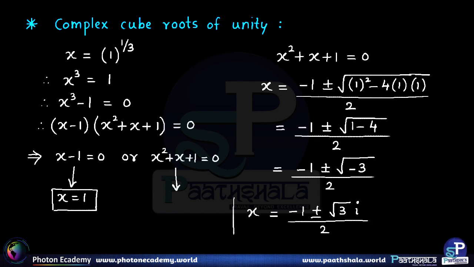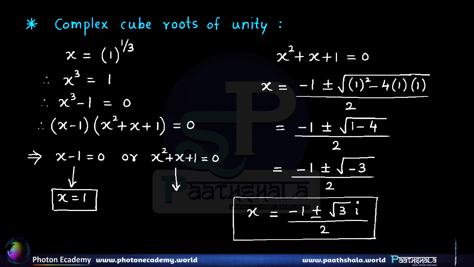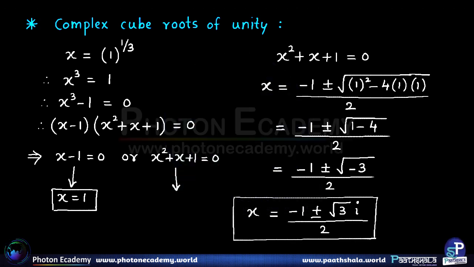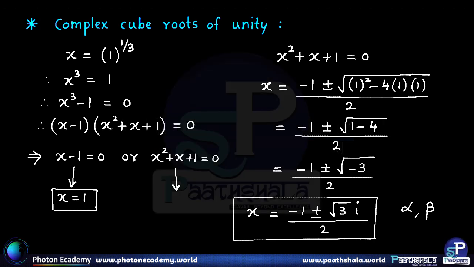So here we get the two remaining roots of the given cubic equation, as the plus or minus sign gives rise to two different roots. We call them, say, alpha and beta. Now if you see, they are the complex conjugates of each other because the sign of the imaginary part is just exchanged in both of them.